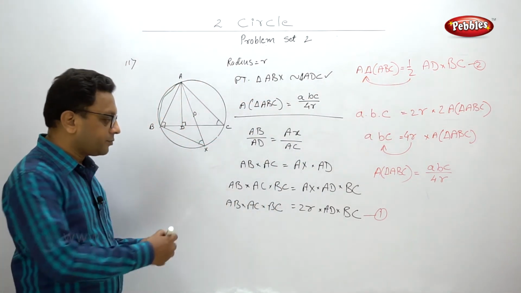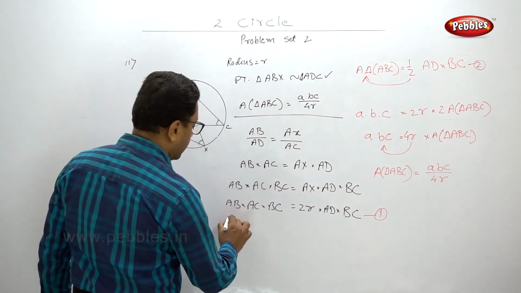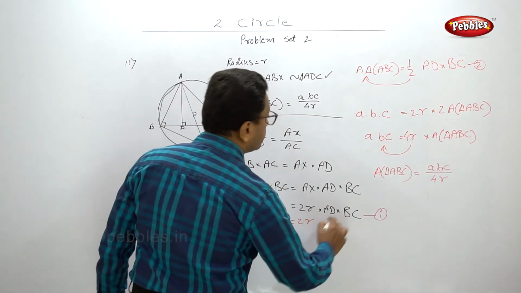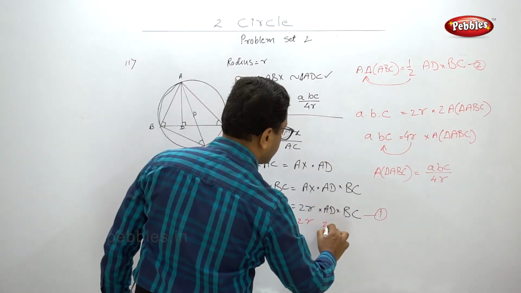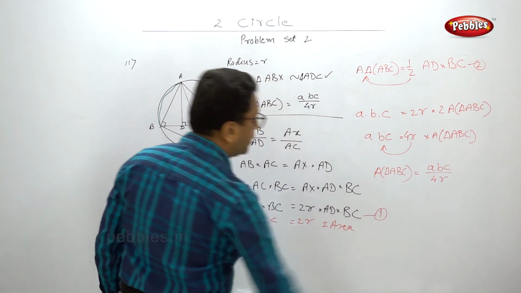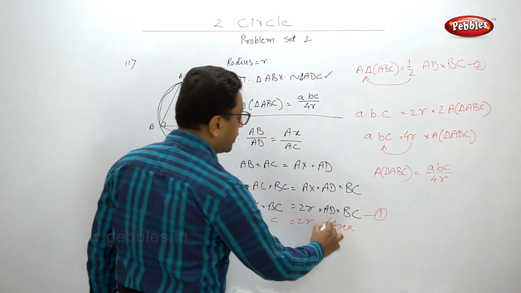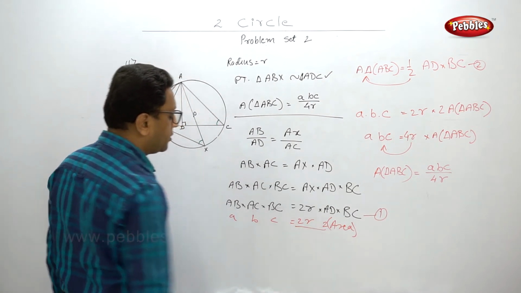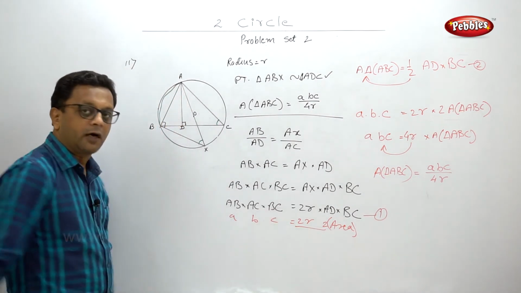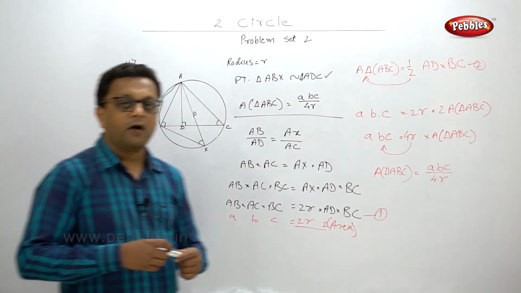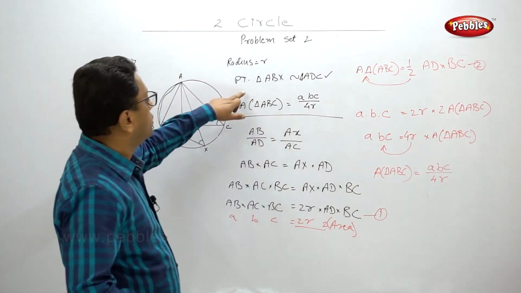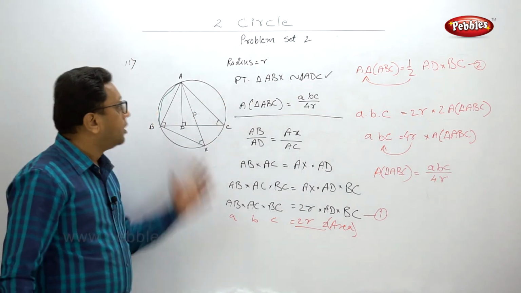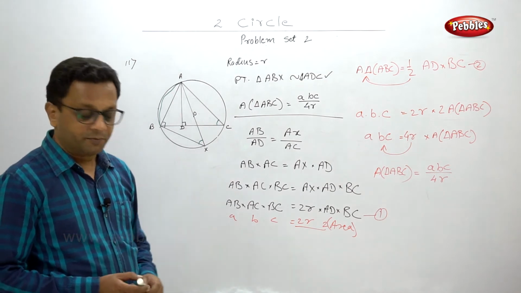So here simply I can write abc is equal to 2r into 2 into area of triangle ABC. So this is 4r. So abc upon 4r is equal to the area of triangle ABC, which is the second statement we have to prove. Okay, let us move to the next problem.